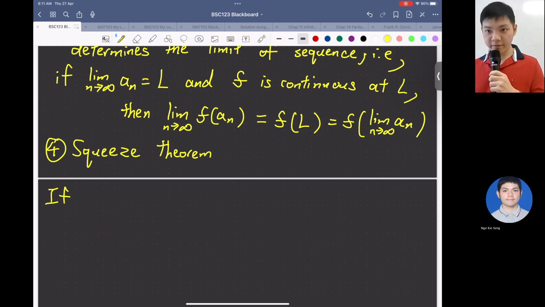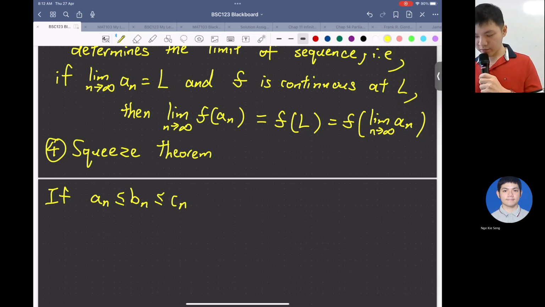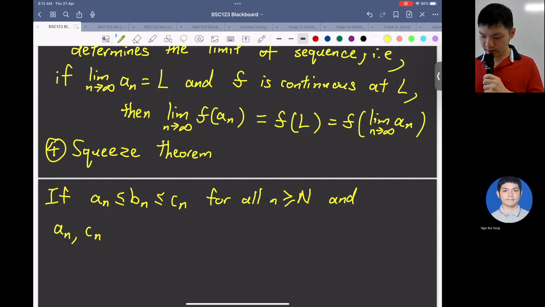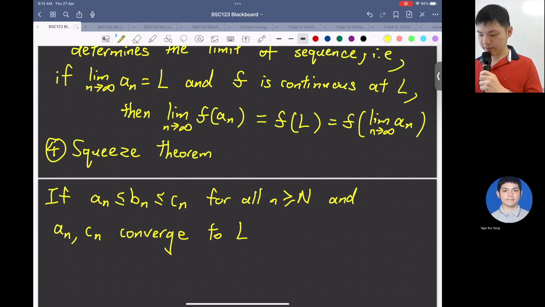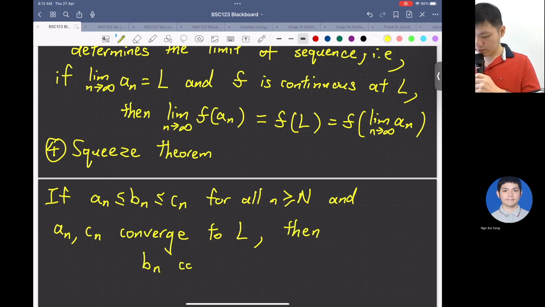If we have a sequence squeezed by two other sequences a_n and c_n, and a_n, c_n converge to the same limit, then b_n also converges to the same limit.